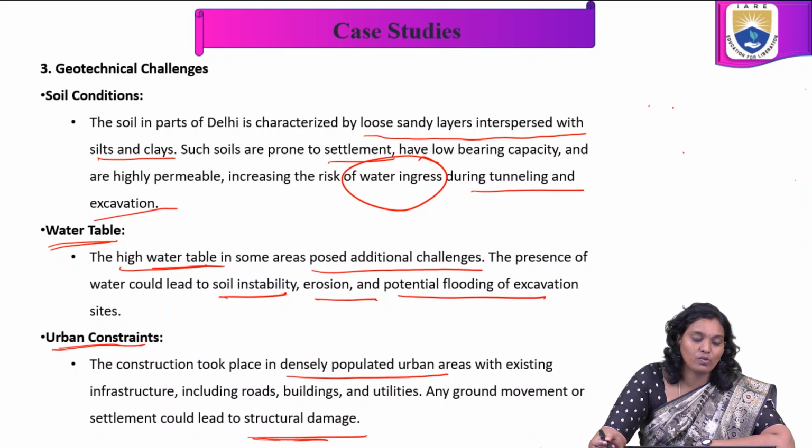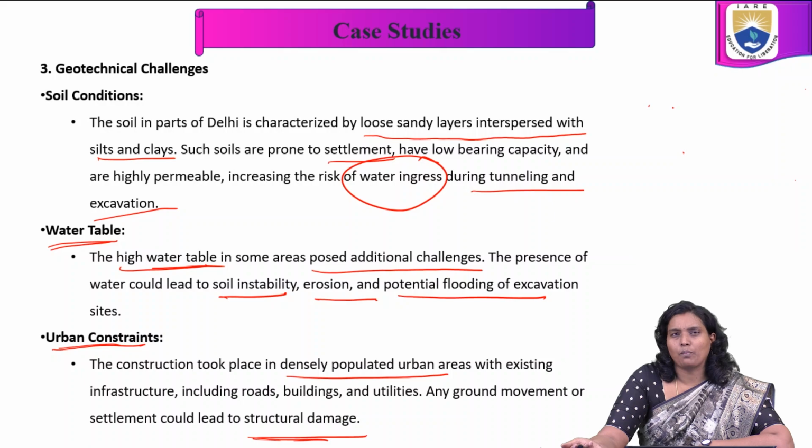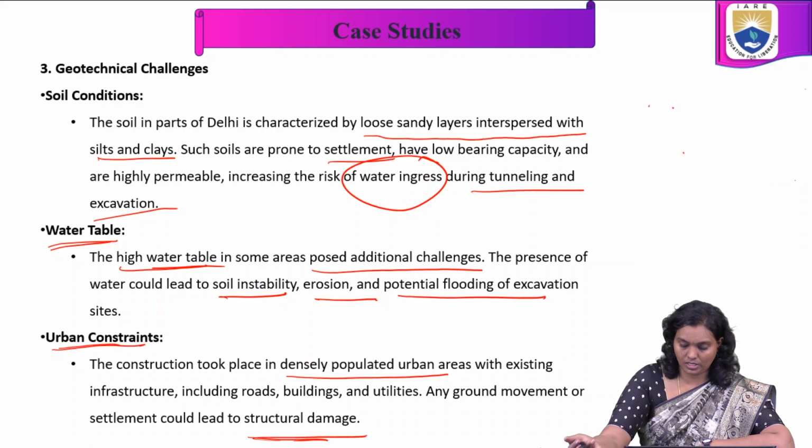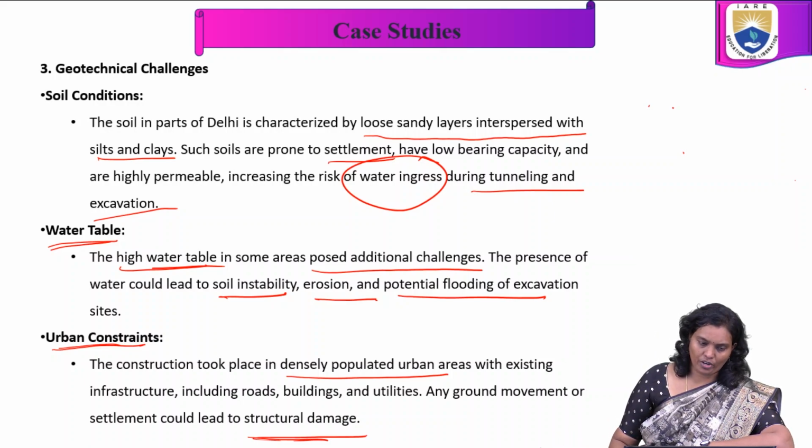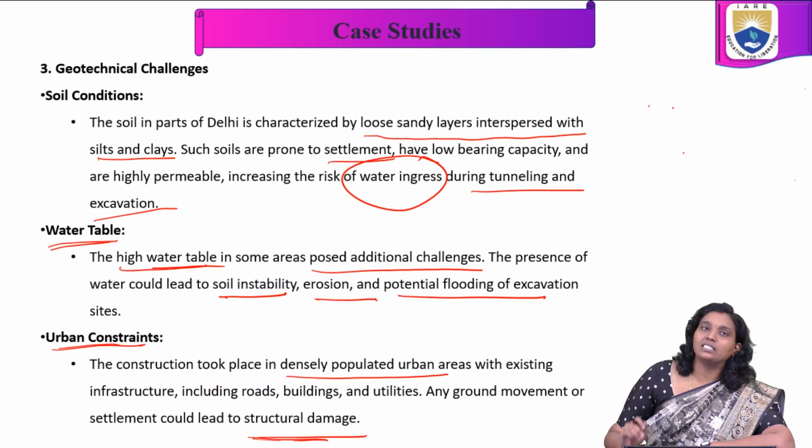As a civil engineer, we have to understand all these challenges and what the remedies are for getting the desired property and completion of the project. So in that point of view, we have to understand the challenges first.